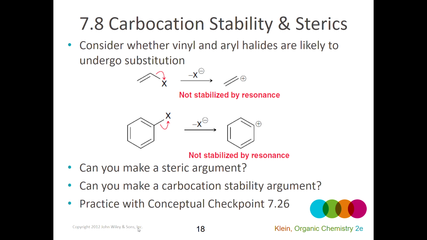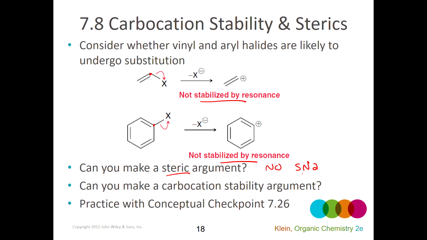As we said, do not make vinyl or aryl carbocations. Those molecules don't go through SN1, and they also don't go through SN2. So even if I have a leaving group on either one of these carbons, it really can't leave. Because of sterics, I can't do SN2.